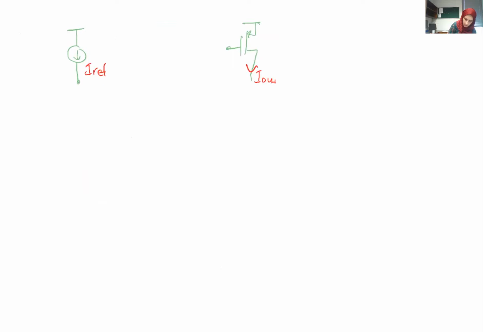How can I move from IREF to I out, where this I out is coming onto a PMOS? Try to do the circuit yourself. If you are not able to do it, then let me know.